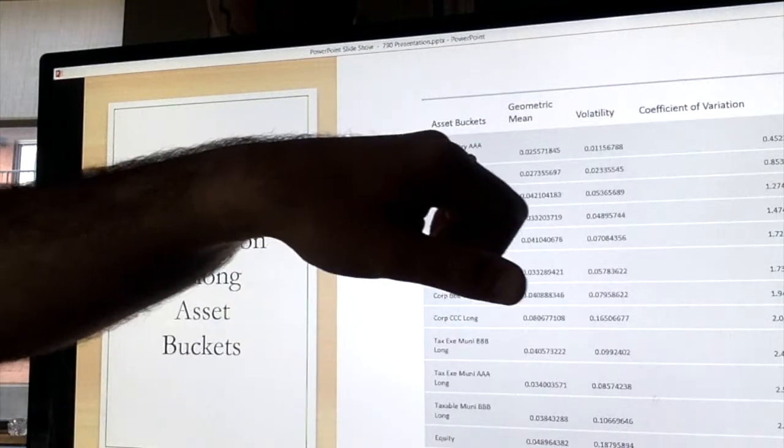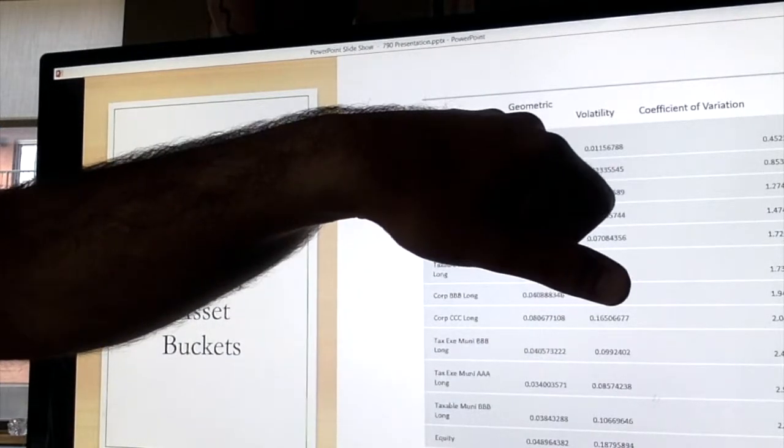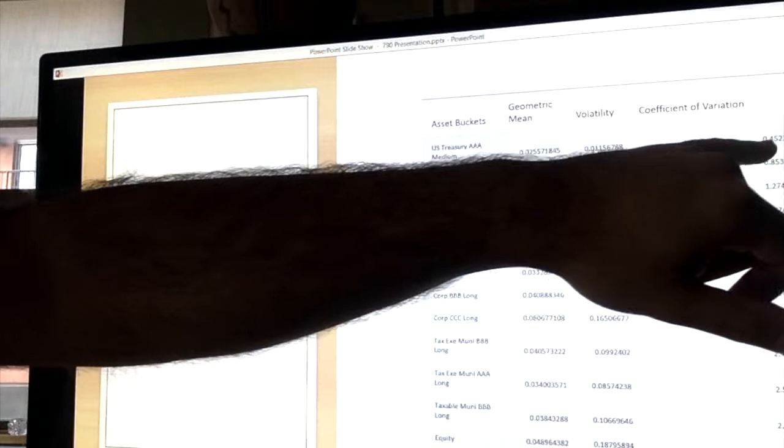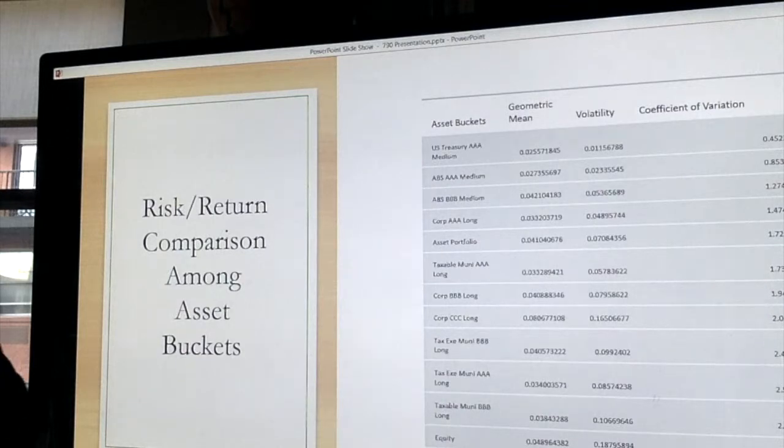I added U.S. Treasury because I believe there is nothing risk-free on earth, so it has quite low 1.1% annual volatility, which is by far the best among the other assets. The coefficient of variation is 0.45. I might have gone with the Sharpe ratio as well. The concept is the same: we just compare the returns relative to the risk we take, and I use the classical standard deviation approach for that.